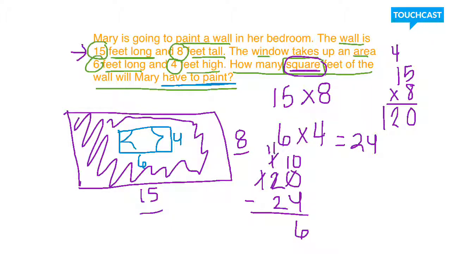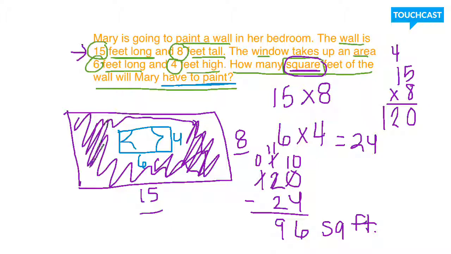This becomes 11, and this is 0. 11 minus 2 is 9. So we have 96 square feet, or feet squared, and that is what the wall is that she's going to paint. We took out the window.